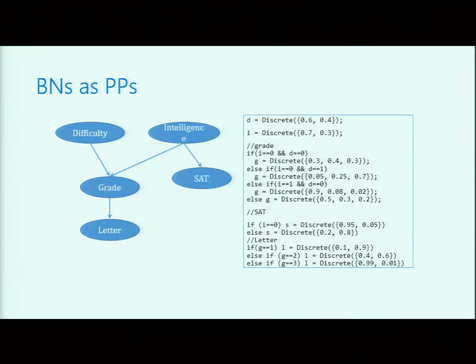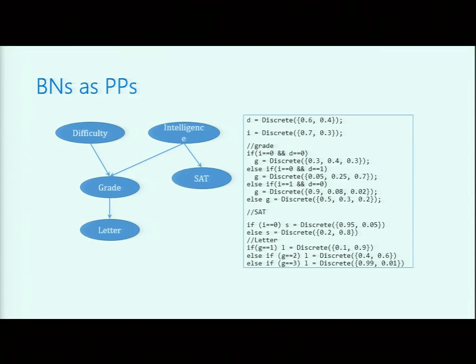So D is sampled from a discrete distribution with these parameters, then intelligence I gets its value from this discrete distribution, and then this snippet encodes the conditioning. It's saying if I equals 0 and D equals 0, then G gets a certain value. That directly encodes the conditional probability table for grade, which is parameterized by difficulty and intelligence.